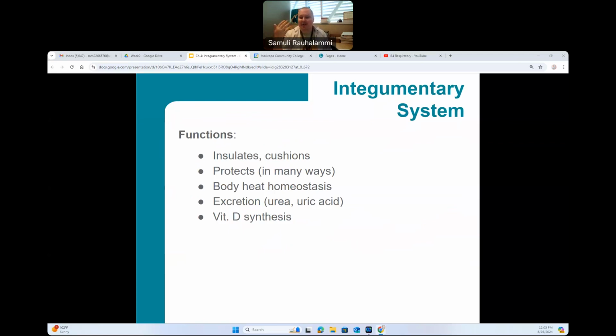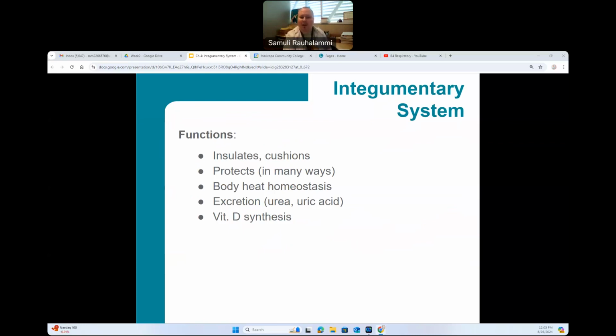It also protects against various kinds of microbes, such as bacteria, so we'll see that there are some adaptations for that as well. And it also protects us from drying out, keeping fluids inside the body when they need to be kept there.